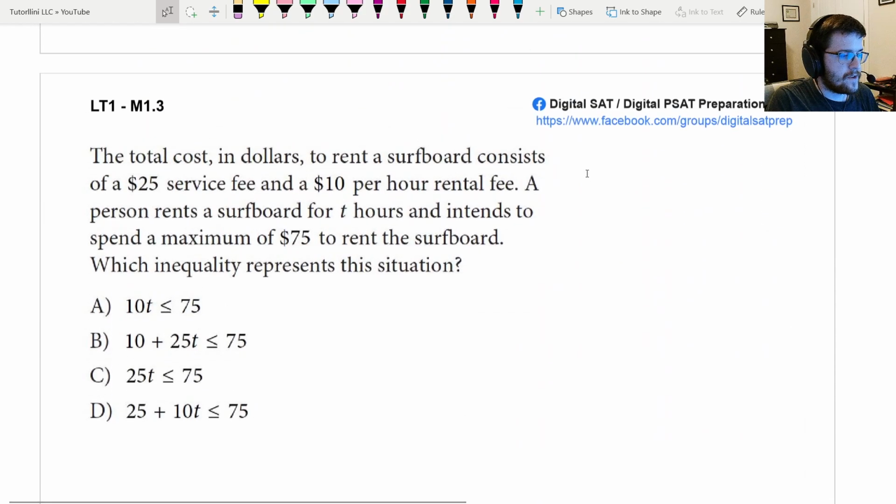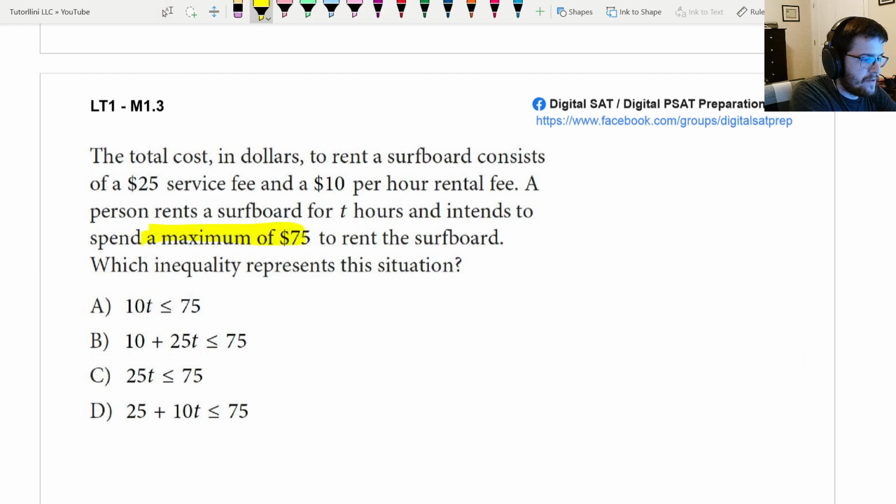Okay, let's see. First question. Okay, so right away, I see this. It says a maximum of $75. So a maximum, that's pretty much saying at most $75.